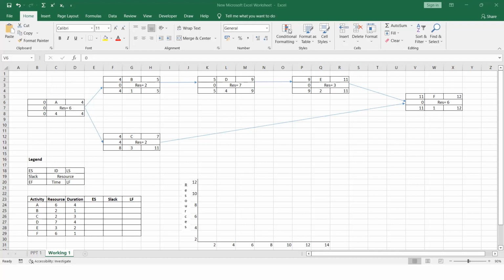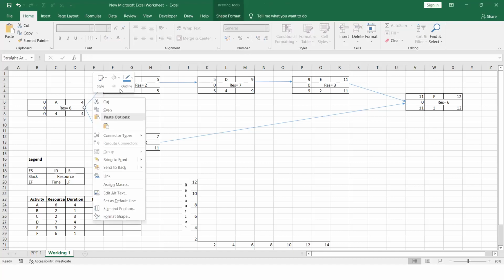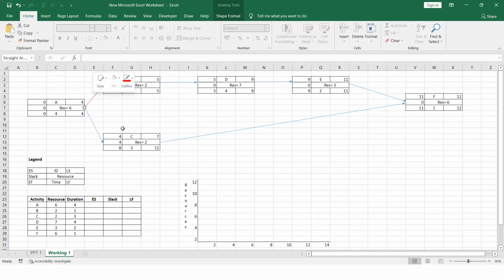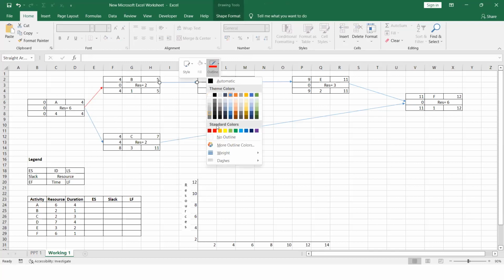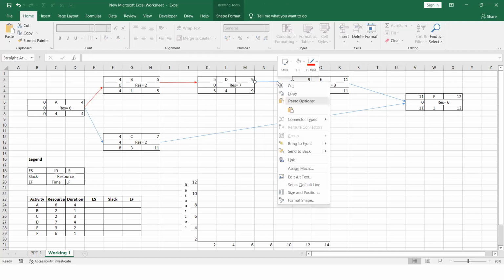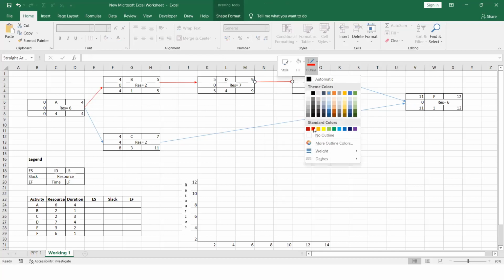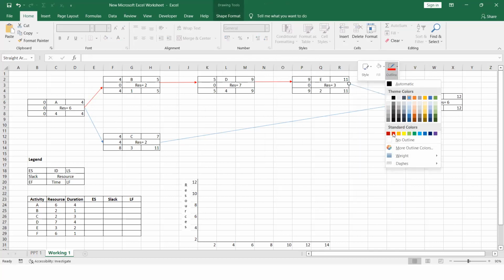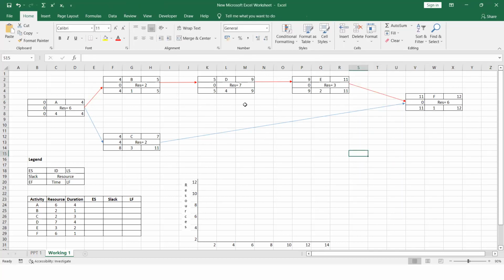So identification of critical path means you have to see the places where the slack time is 0. So this is activity A and B, then activity B and D, and for the E, right? So identifying the critical path. So I have identified the critical path.